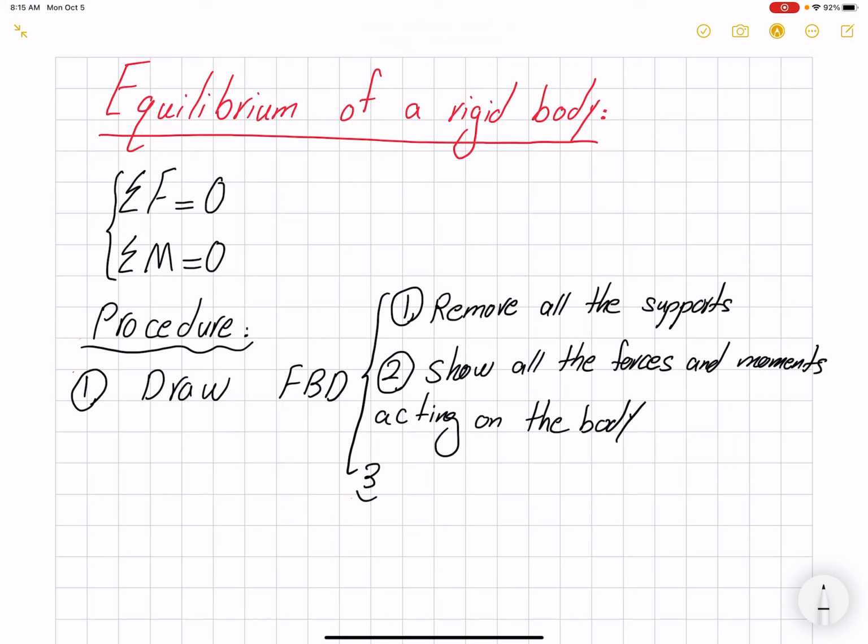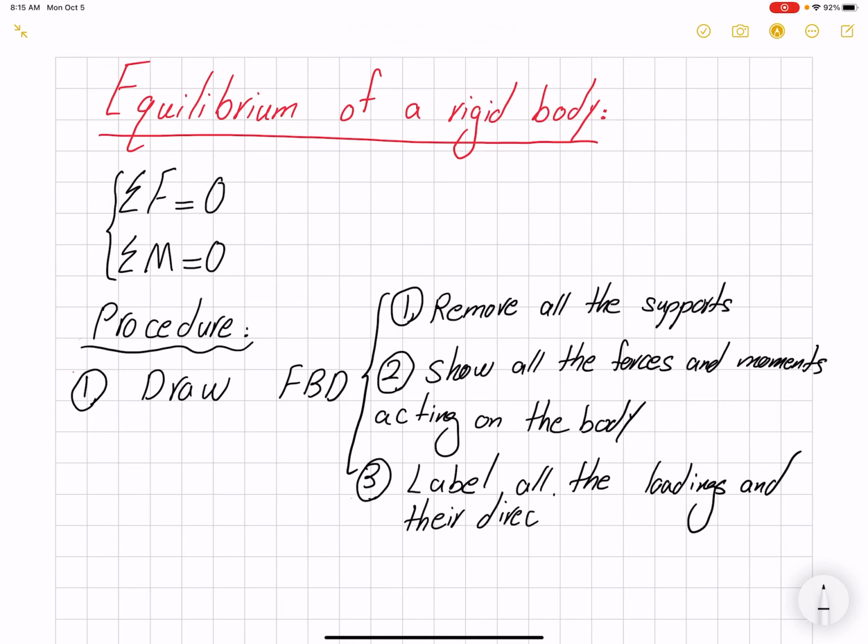And then we are going to label all the known and unknown forces and moments, and their direction. So that's the first step.